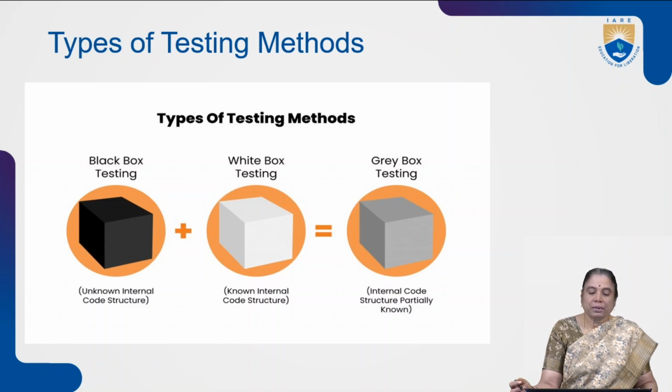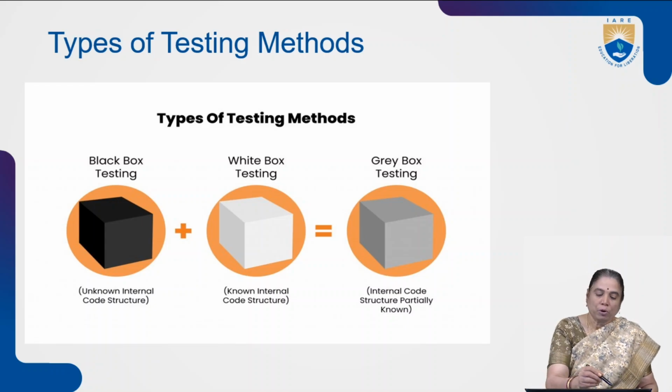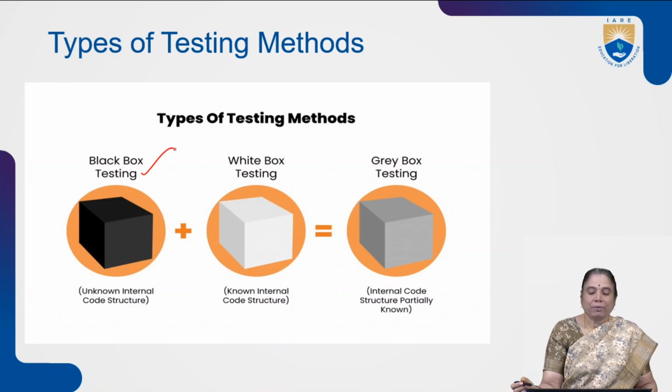Majorly three types are considered. One is black box testing, the second is white box testing, and the third is gray box testing. Black box testing does not take the program structure into account. The program is treated as a black box to which the required input is supplied, and verification is done on whether the functional requirement of that program is met or not.